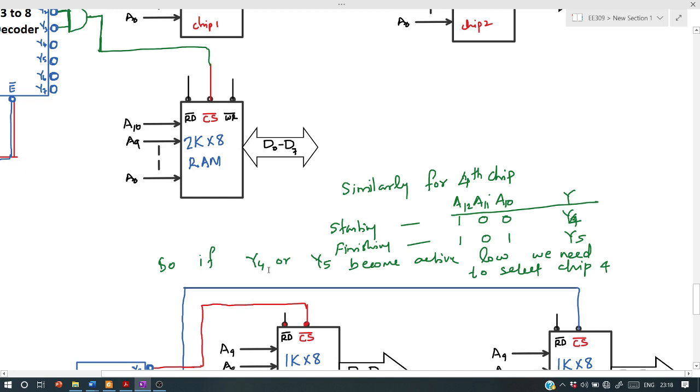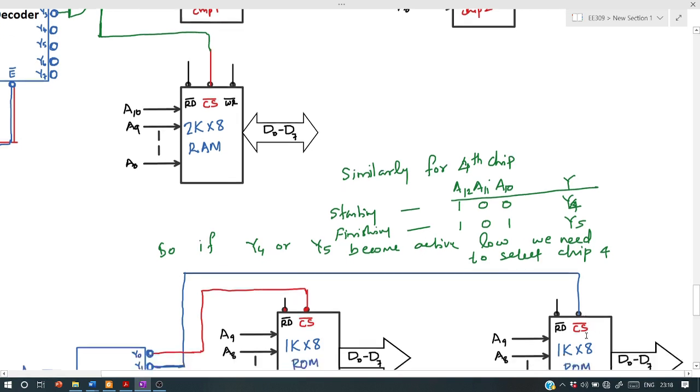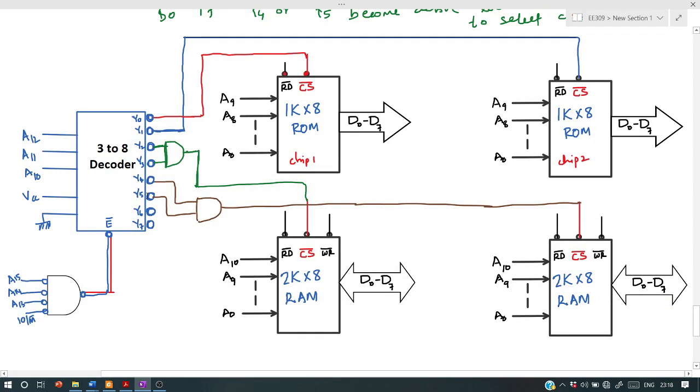So if Y4 or Y5 becomes active low, we need to select chip 4. The same AND logic we can apply here. Y4 and Y5 we can give into an AND gate. That output we can connect to the CS bar signal like this. Y4 and Y5 act as the inputs to this AND gate. So whenever any one of these becomes 0, the output of this AND gate becomes 0, so that it will select this second 2K into 8 RAM chip. So this is the final interfacing circuit for this problem.